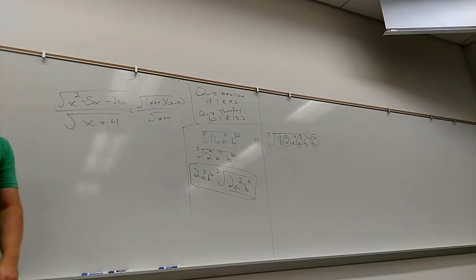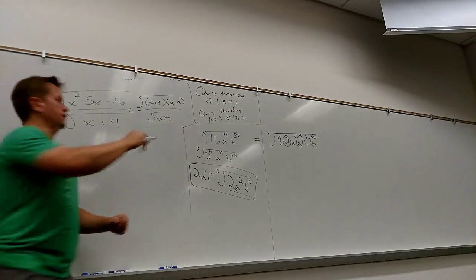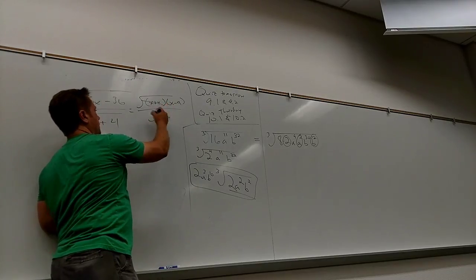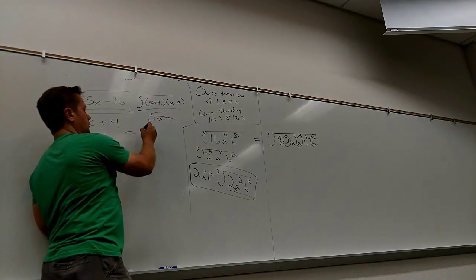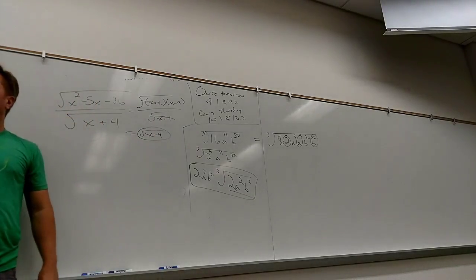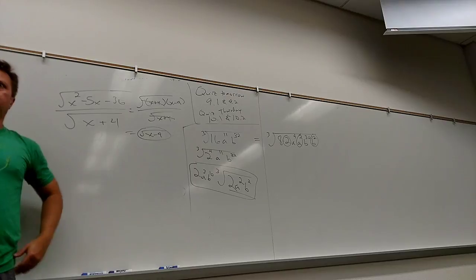No. Cancel. Yes. Don't you have something similar? Not similar, but the same. You have a square root of x plus 4 and a square root of x plus 4. So those cancel, and what are you left with? Square root of x minus 9. Yeah. So that really could have been put in an earlier section. I don't know what it's doing in this section.